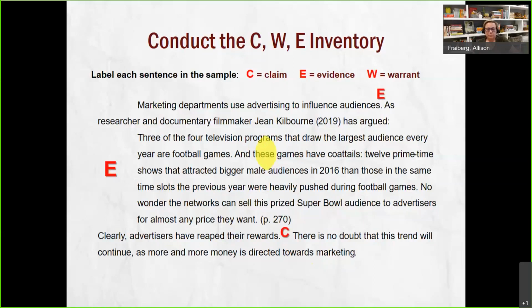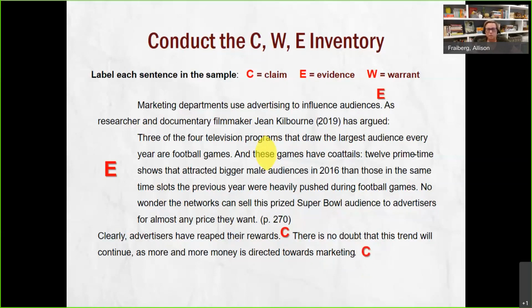There's no doubt that this trend will continue as more and more money is directed towards marketing. It's another claim, right? Again, I've got a couple of claims and a big chunk of evidence, and as I've written this, I'm somehow expecting Kilborn to do all the work for me.